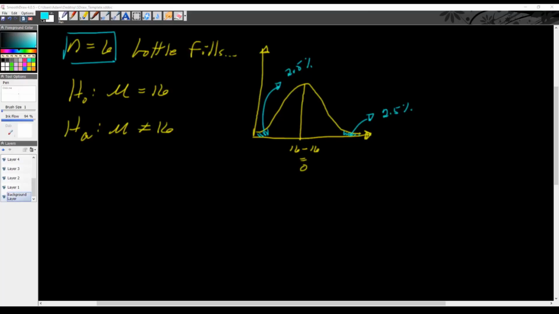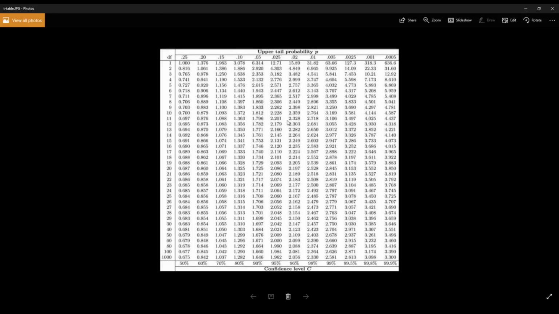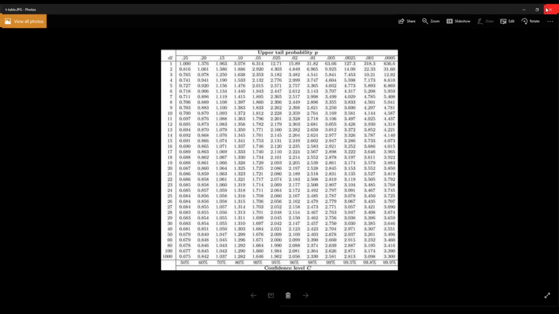So I've got stat tables here, and this is my t-table, and we've got a sample of 6. So if I go to degrees of freedom equal to 5, and we're going to let 2.5% exist in the upper tail, the critical value is 2.571.